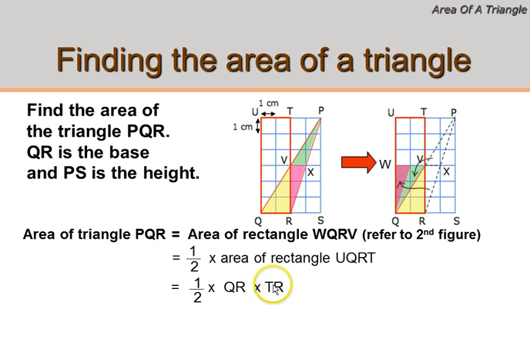TR the length and the breadth QR. So half of it, after calculation, becomes the area here, WQRV.